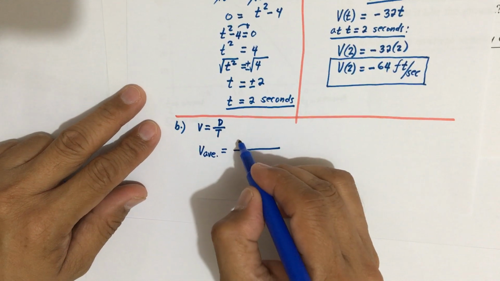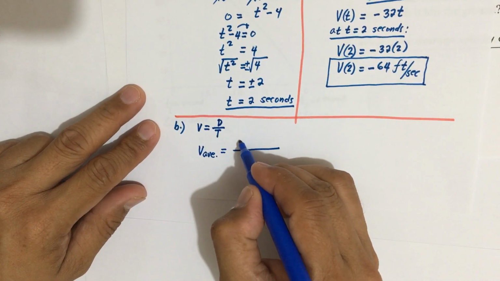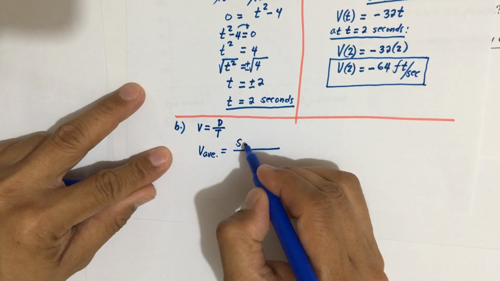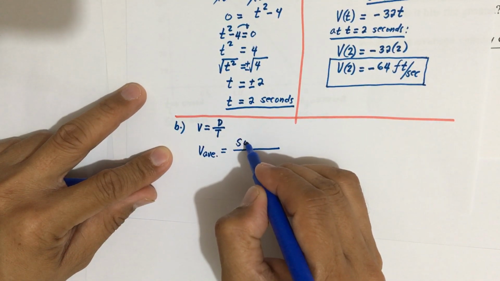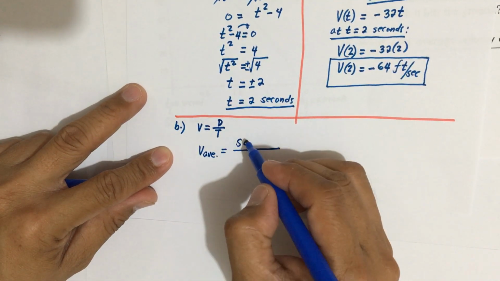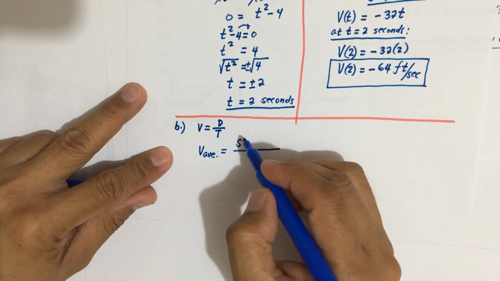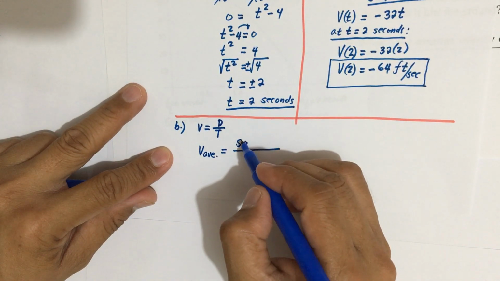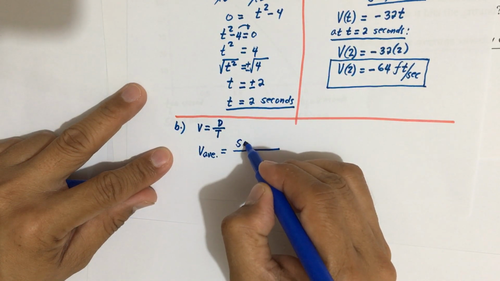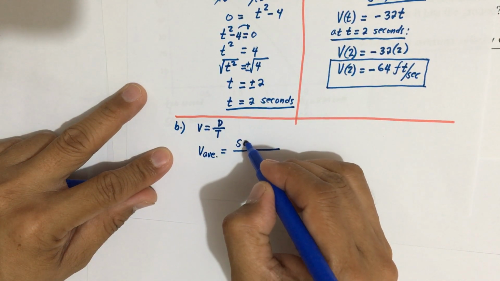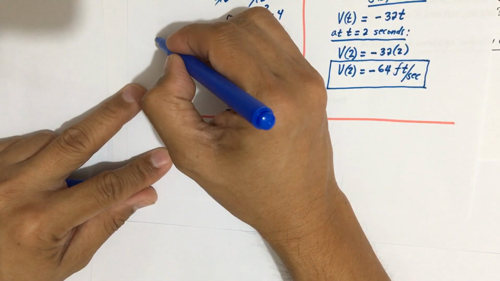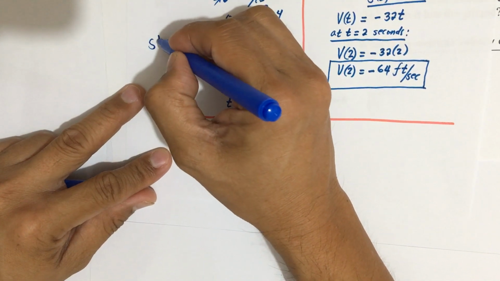So the final distance, or we can say s sub f, we have this s sub t.